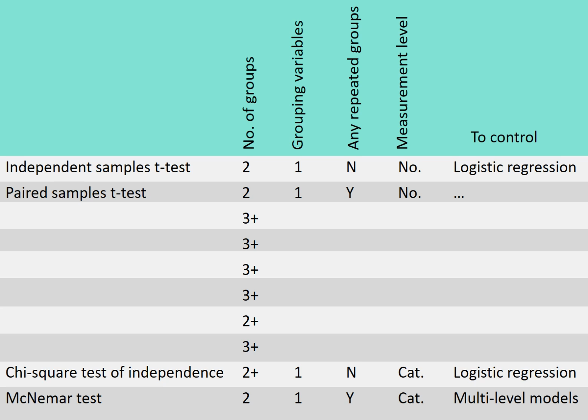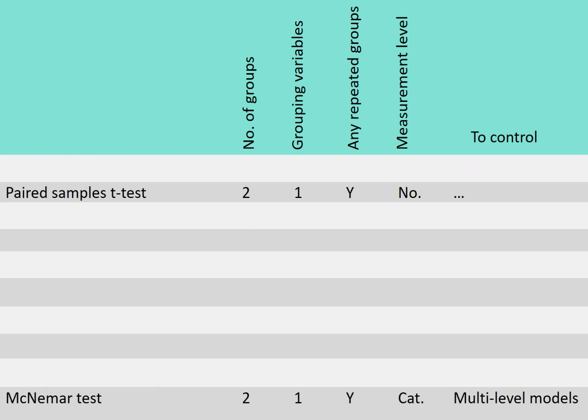That is, in this design, the same 10 participants are assigned to both groups, before and after. Now, only 3 of the remaining techniques are suitable to repeated measures, situations when the same participants are assessed more than once. Fourth, the outcome measure, happiness in this case, is numerical rather than categorical.